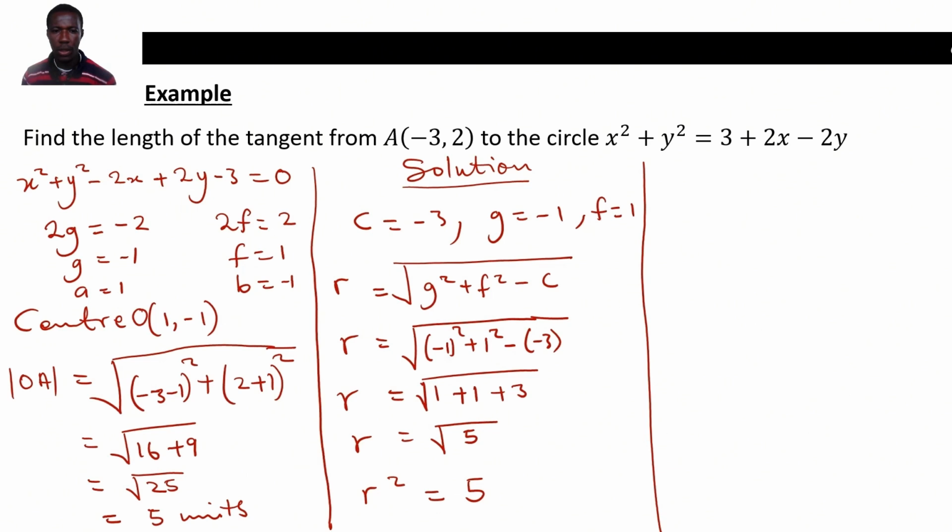So OA squared will be equal to the radius squared plus the other side. Let's call the point of contact P. So we can say AP squared.